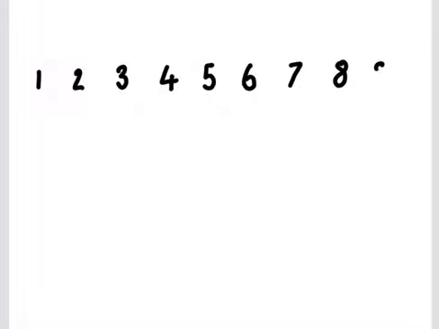So, let's start with the 6 times tables. I'm going to have 1 lot of 6, 2, 3, 4, 5, 6, 7, 8, 9.